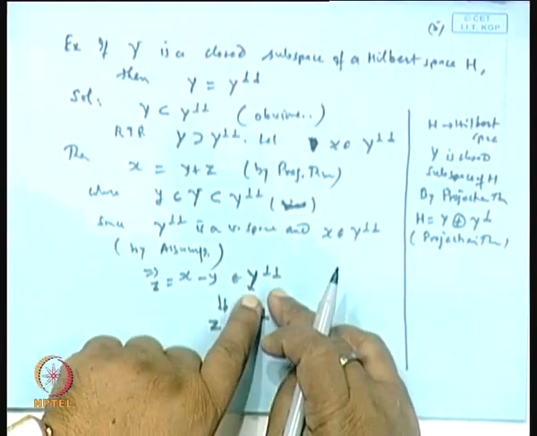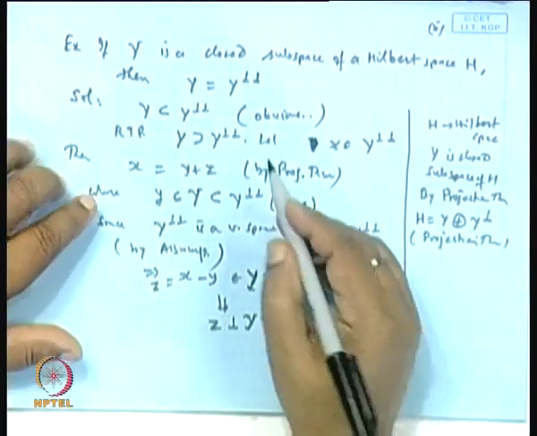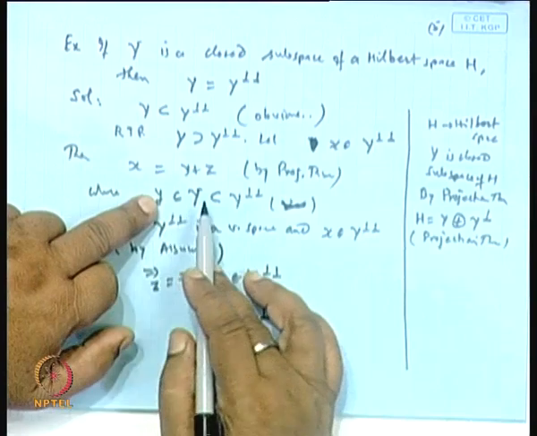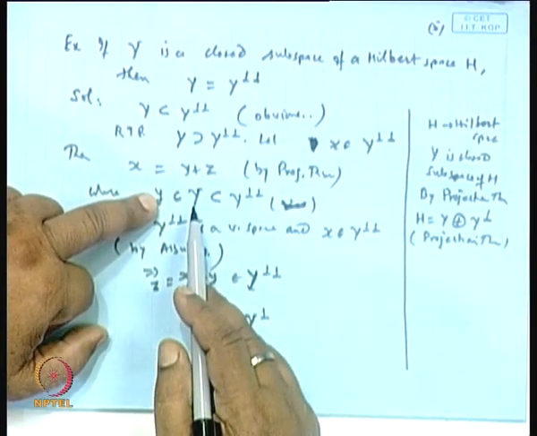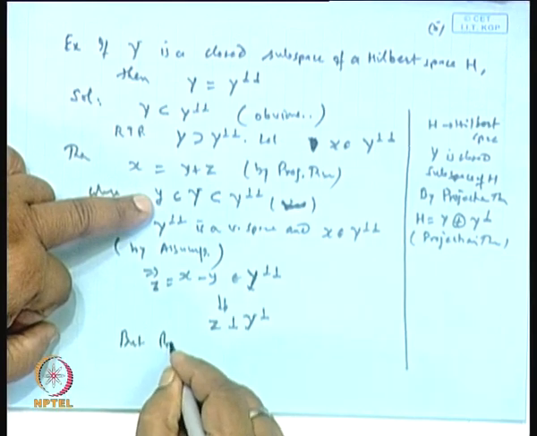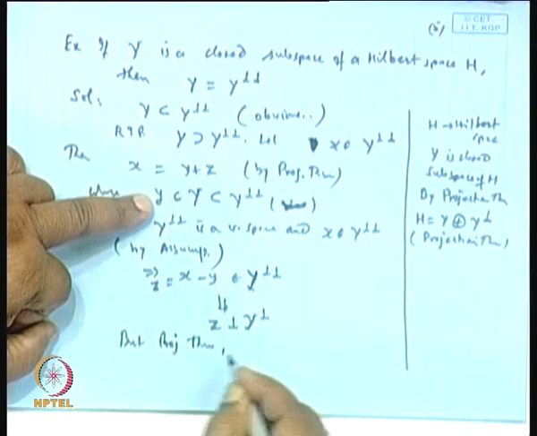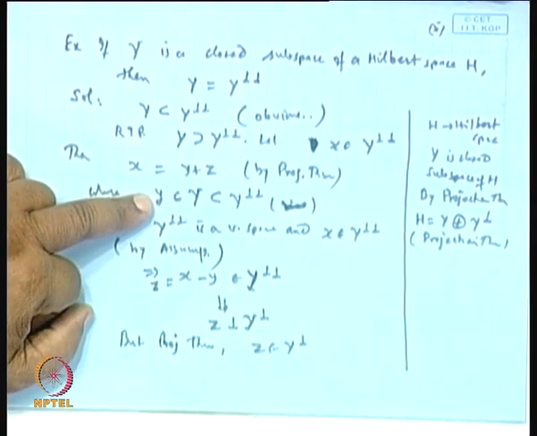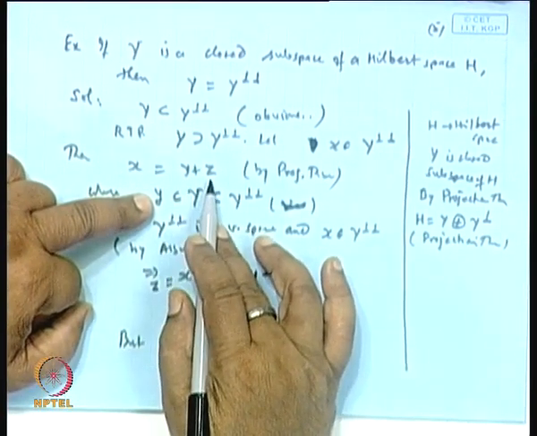But from the projection theorem, z should be a point in Y perpendicular, because y belongs to Y and z belongs to Y perpendicular.